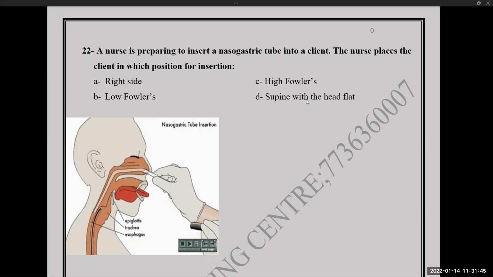So the answer for this question is TPN. What is the indication for TPN? GI disorder, continuous vomiting, indigestion, post-surgery. So the main purpose for TPN administration is not just GI disorder, but absence of peristaltic movement or absence of bowel movement. Okay.